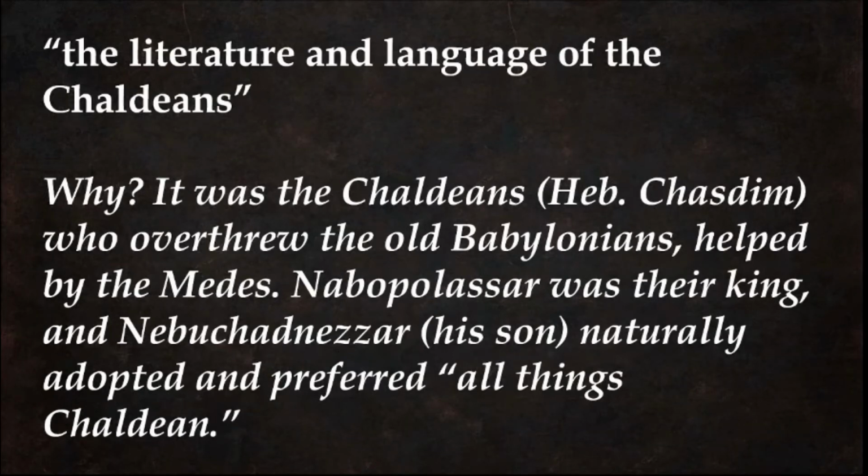Chaldea was a specific group within Babylon that were well known as astrologers and stuff. They became kind of the go-to guys for advisors. And it happened that Nabopolassar and Nebuchadnezzar came out of that Chaldean group. Then the Medes were another nation that came in and helped them. They were neighbors. They were the Iowans who came up to help.